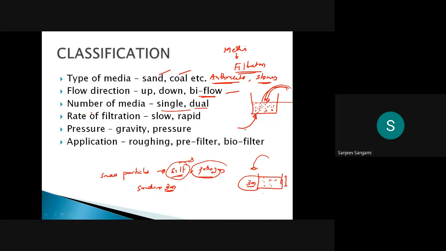If you are using 50% sand and 50% anthracite or coal, then it will be a dual media filter. So single media filters as well as dual media filters.